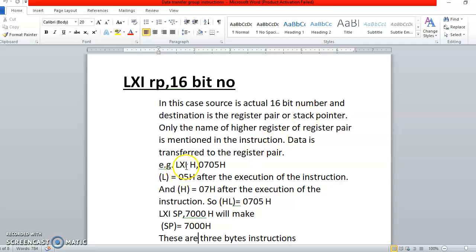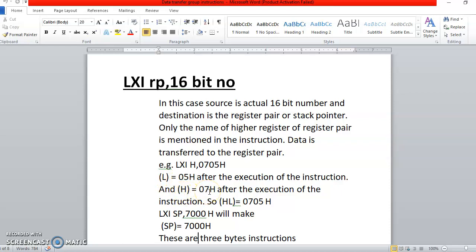Now for example, LXI H, 0705. If I write this instruction, what is the meaning? 0705 is the 16-bit number which will be copied into the HL register pair. The higher 8 bits will go into the H register and the lower 8 bits will go into the L register. Therefore L becomes 05 and H becomes 07.